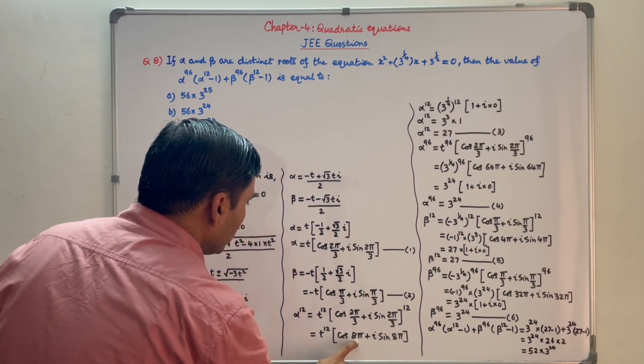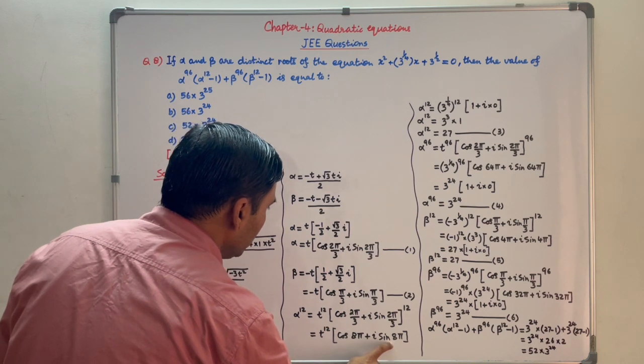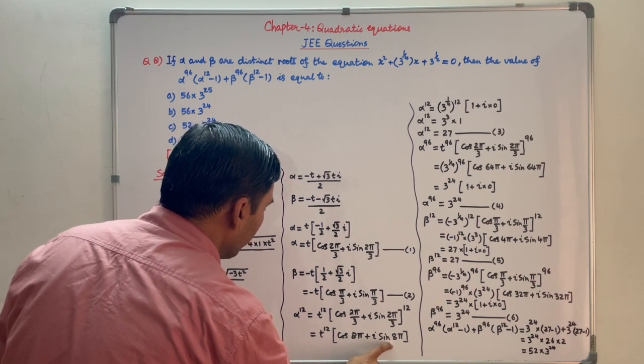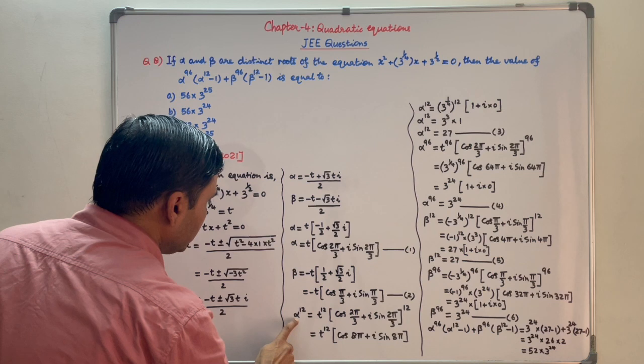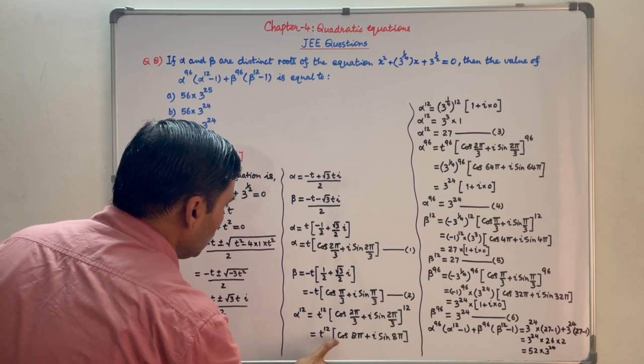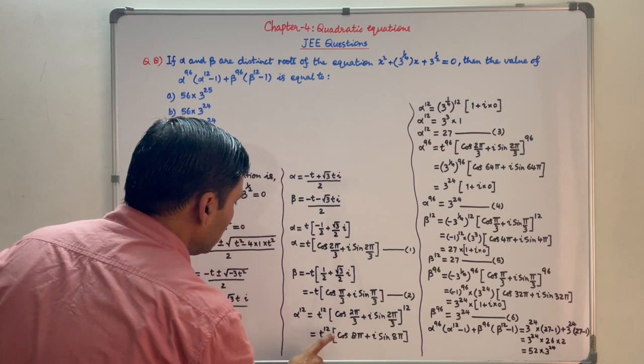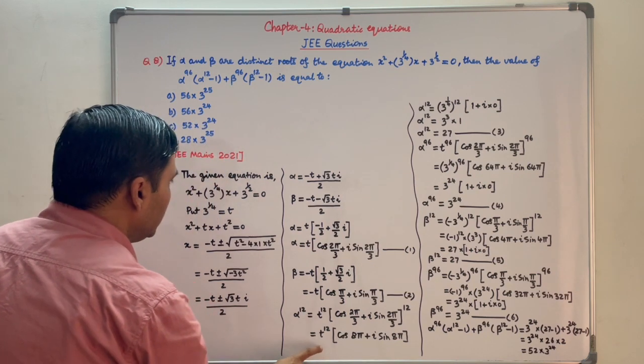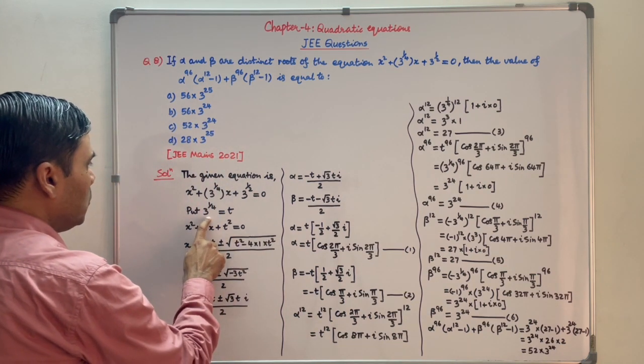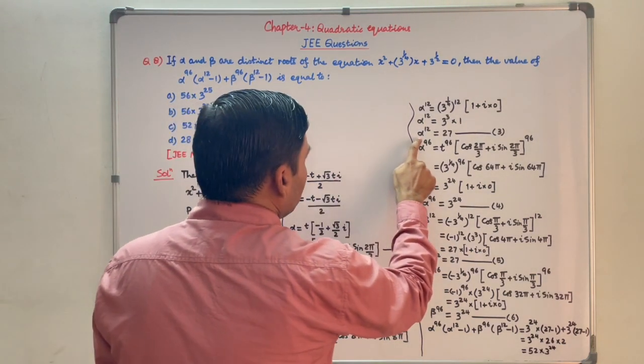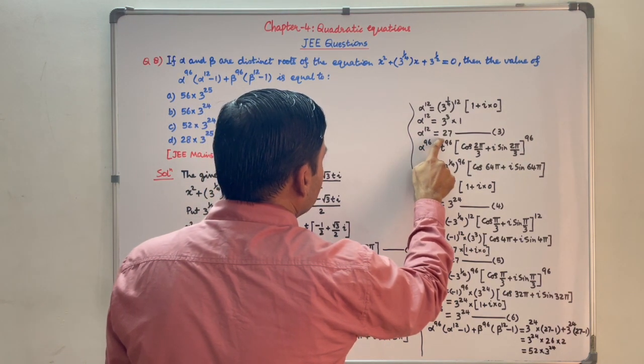This is in the form cos 2n pi whose value is 1. This is in the form sin 2n pi whose value is 0. So alpha to power 12 is equal to t to power 12 into 1 plus 0 and that is equal to t to power 12, and t is equal to 3 to power 1 by 4. So alpha to power 12 is equal to 27.